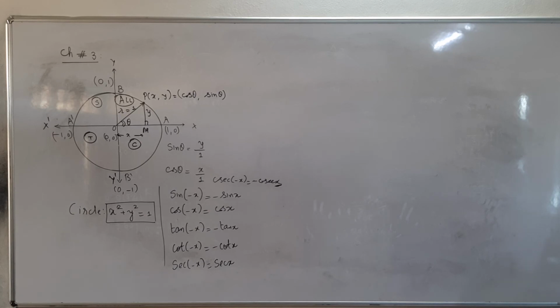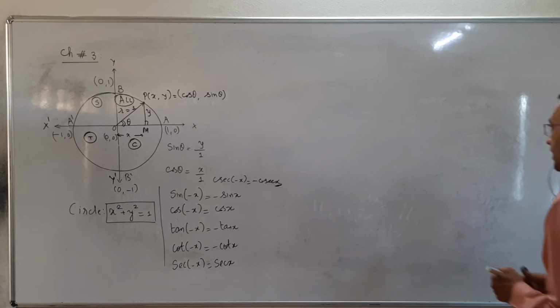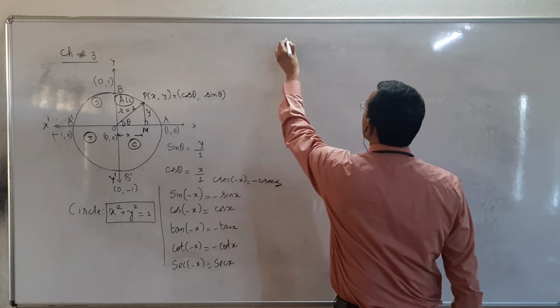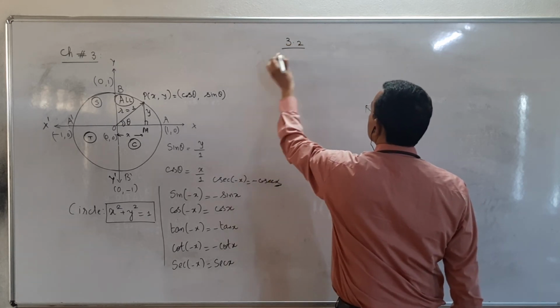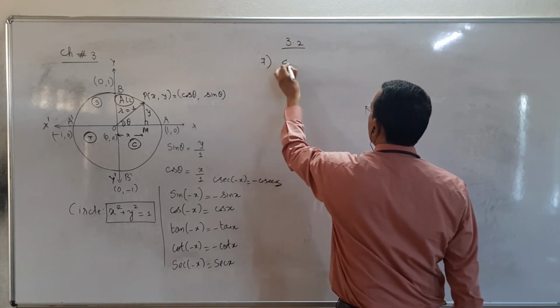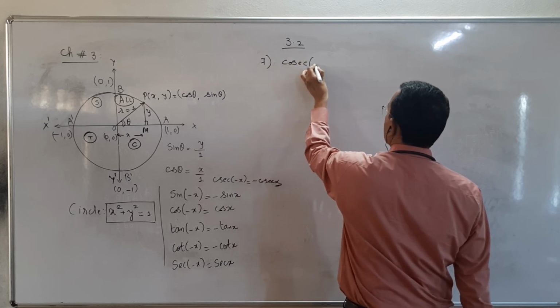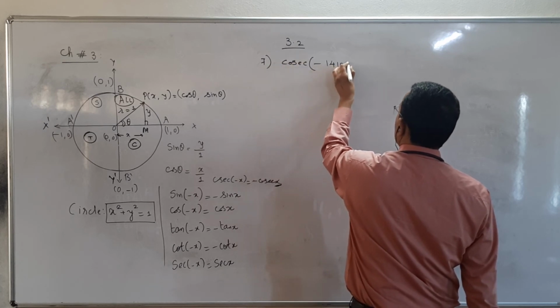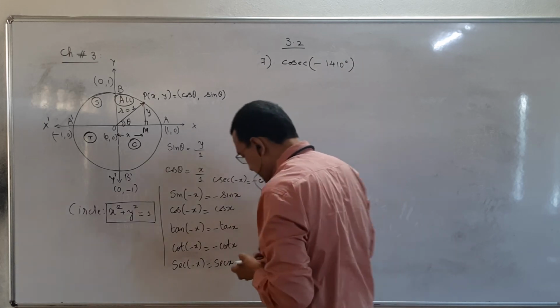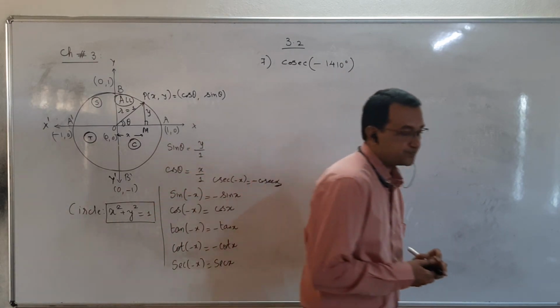Now I am doing sum number 7. Find the value of cosec of minus 1410 degree.